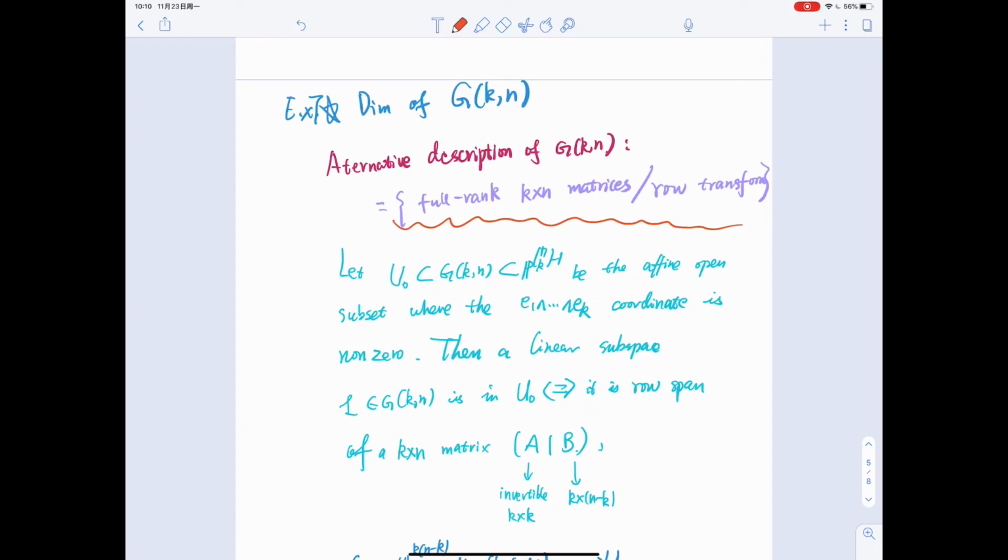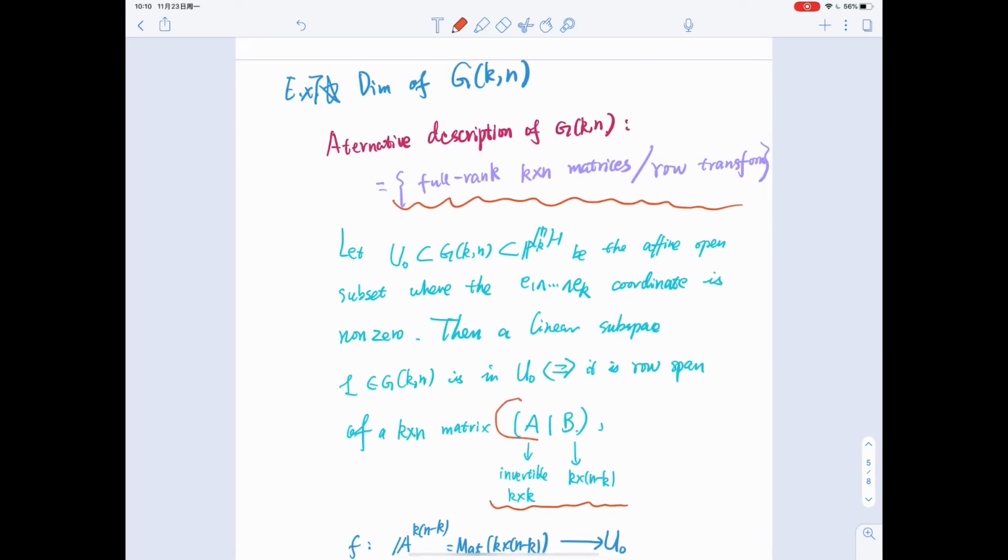Then a linear subspace L in the Grassmannian is in U0 if and only if it is the row span of a k times n matrix (A | B), where A is an invertible k times k matrix, while B is an arbitrary k times (n minus k) matrix.